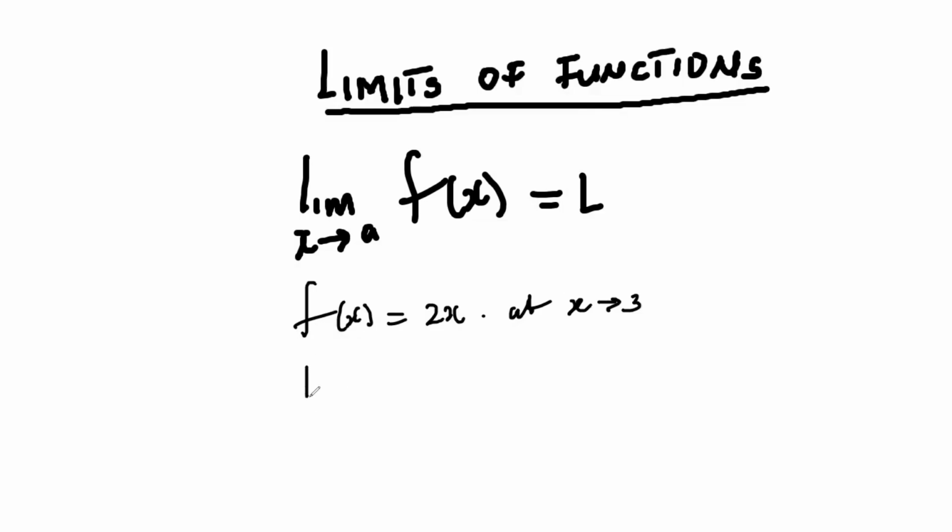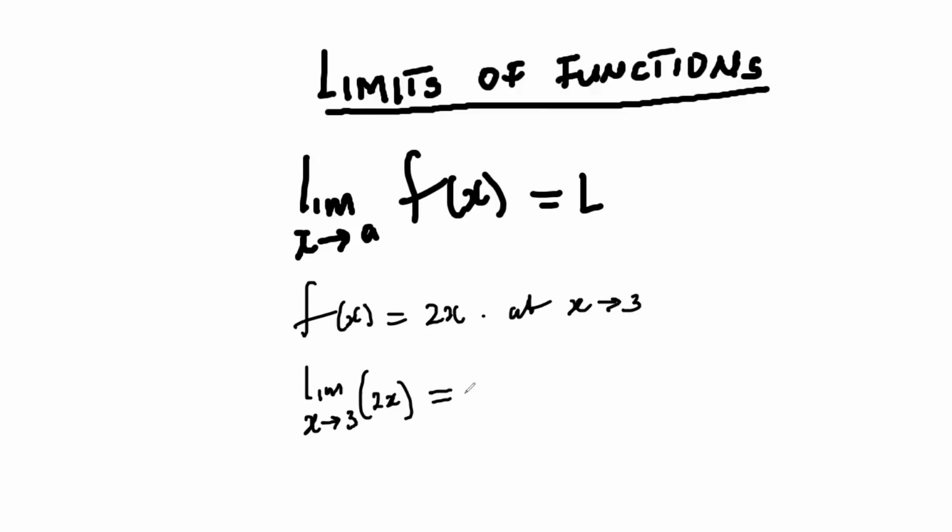Let me rewrite it. We have the lim as x approaches 3 of 2x, which is a function, is equal to... as x approaches 3, we know that this function gets closer and closer to a particular number that we don't know.